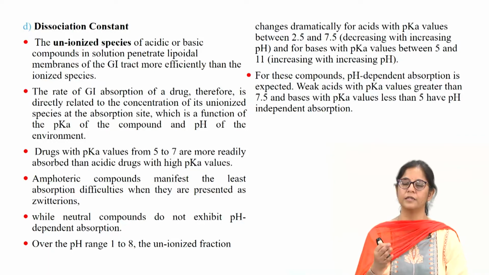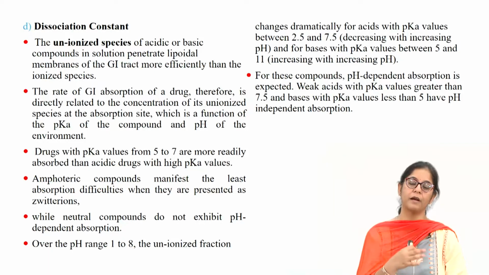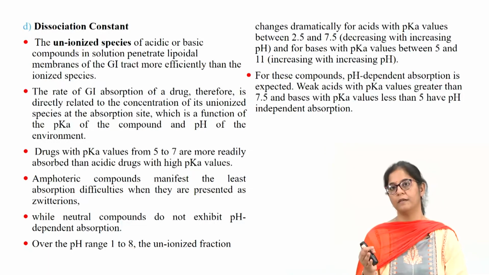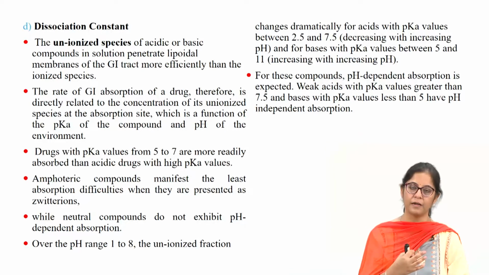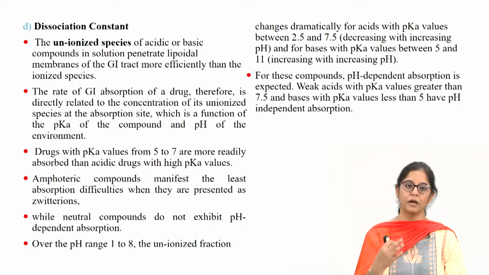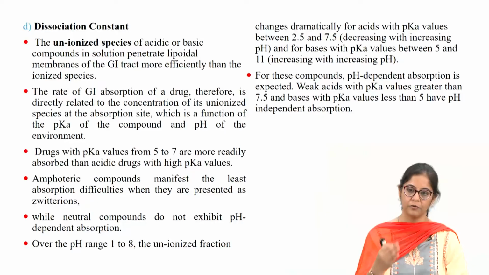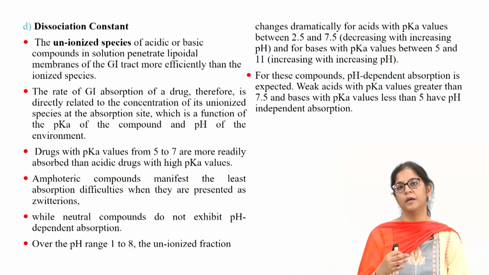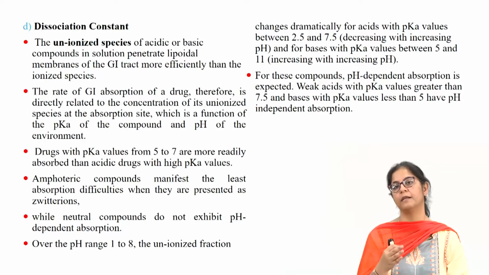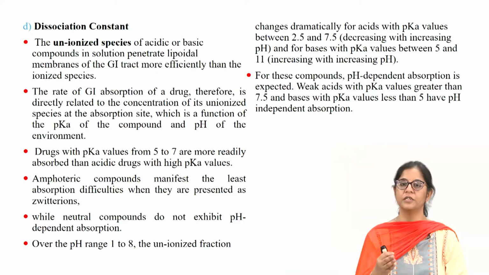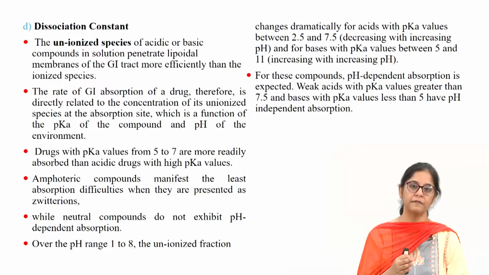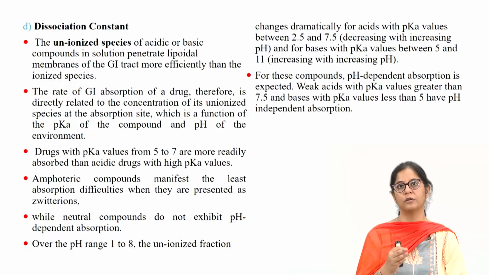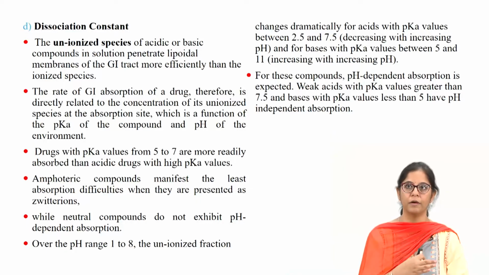It is purely related to at which pH the acids get ionized and at which pH the bases get ionized. So, we need to avoid targeting an absorption site with a pH that would facilitate the ionization of the drug, which in turn negatively impacts its absorption across the membranes, because only unionized drugs can move across the membrane.